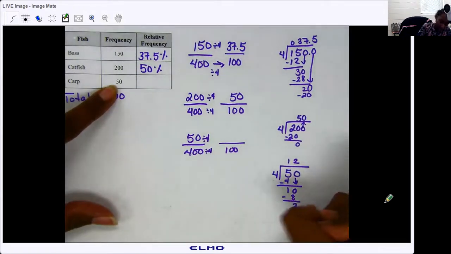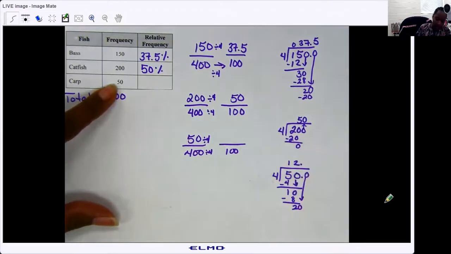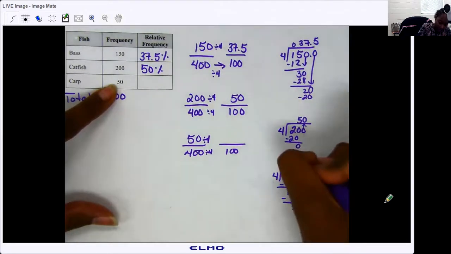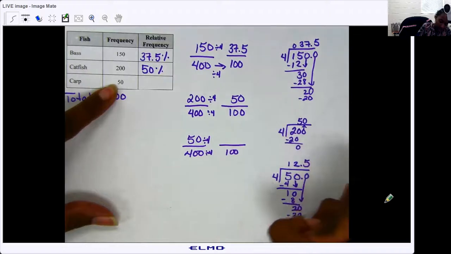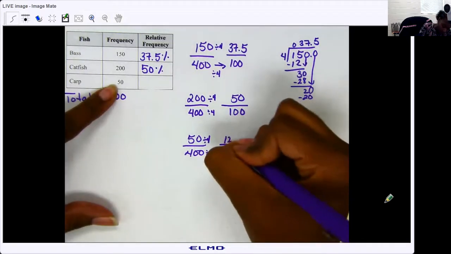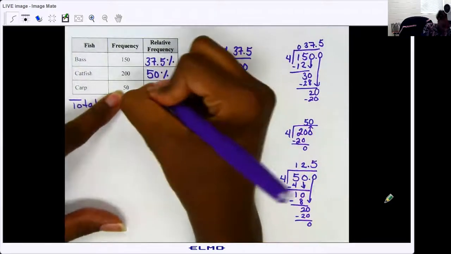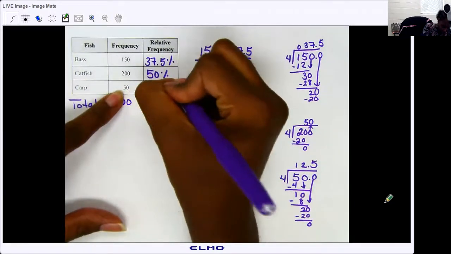Add a decimal so we can finish dividing. And then 4 times 5 is 20 with 0 left over. So we have 12.5 out of 100. So our percent is 12.5%.